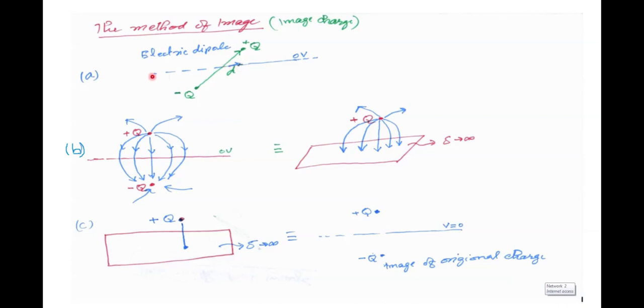Midway between the two charges there is an infinite plane having zero potential. In figure B, the field configuration due to the electric dipole is shown.